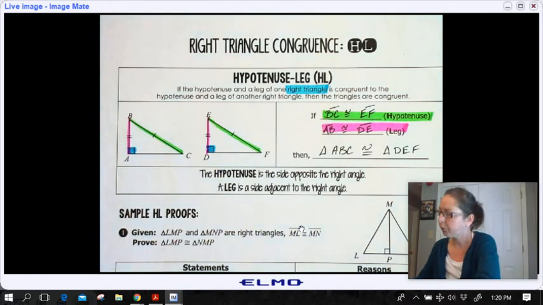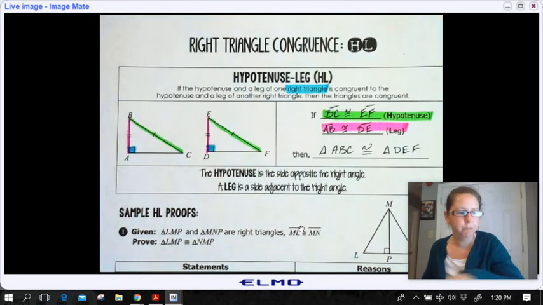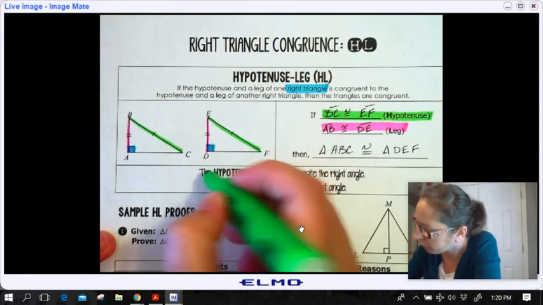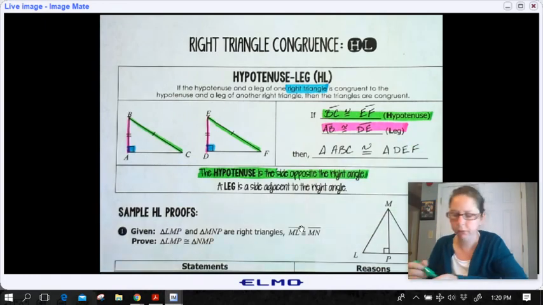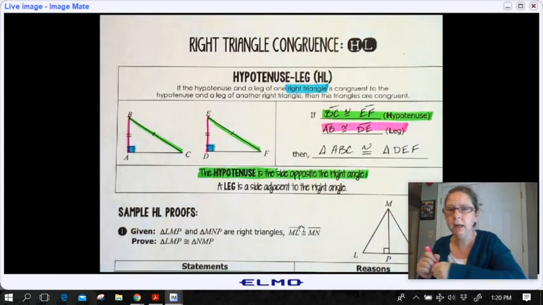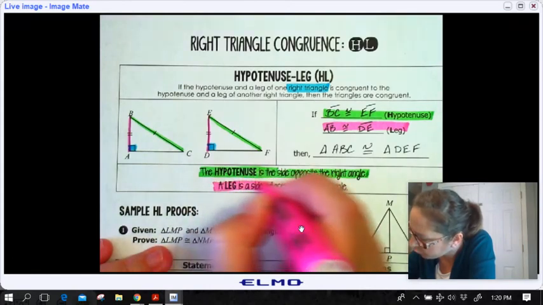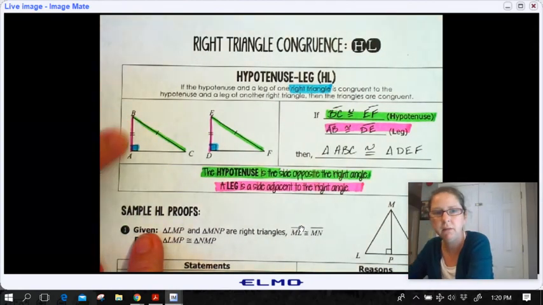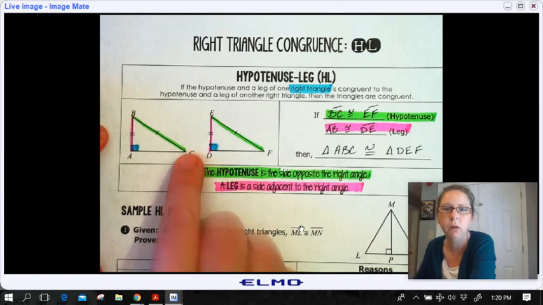Okay, so let's jump right in and take a look at a proof. And just recall that the hypotenuse is the side opposite the right angle, and the leg is one of the two sides adjacent to the right angle, meaning it's beside it. So it's either got to be this side, or it could have been this side down here, AC as well, okay?